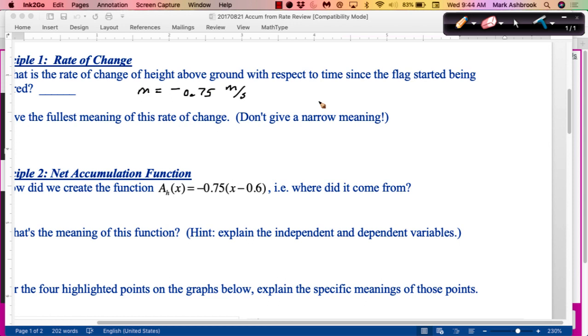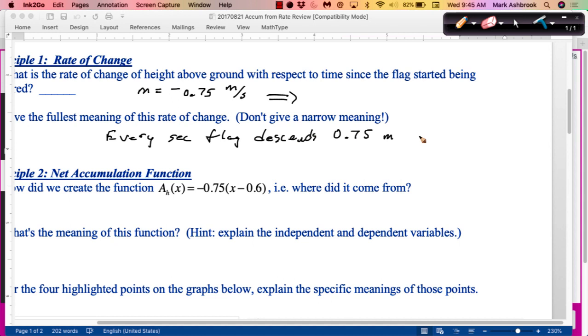All right, so we talked last time about the meaning of that rate of change. Maybe before yesterday's class, you might have said, oh, that just means that every second the height comes down 0.75 meters. Is that right? Every second, the flag descends 0.75 meters. Is that the meaning of that rate of change?